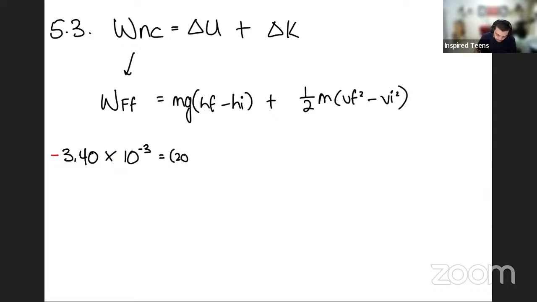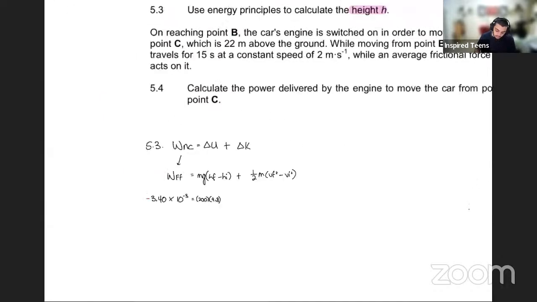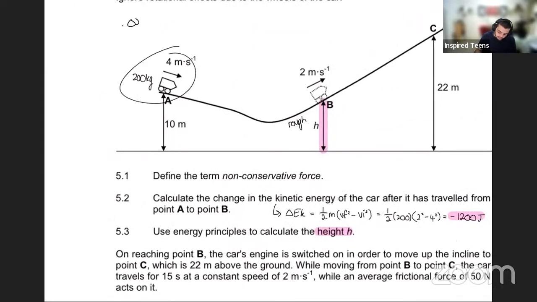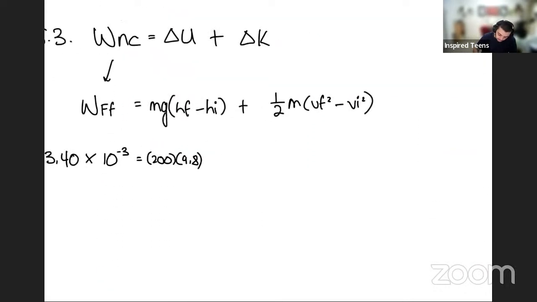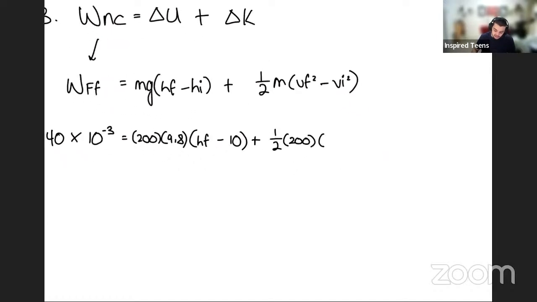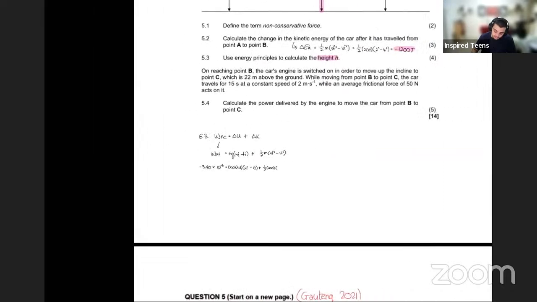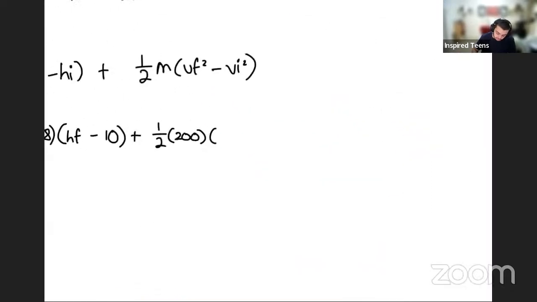This is 200. This is 9.8. Remember, we are working from A to B, because that's the information that we have. So the initial height is 10. The final height is what we want to calculate. H final minus 10 plus half into 200 times V final squared minus V initial squared. V final is 2, V initial is 4.